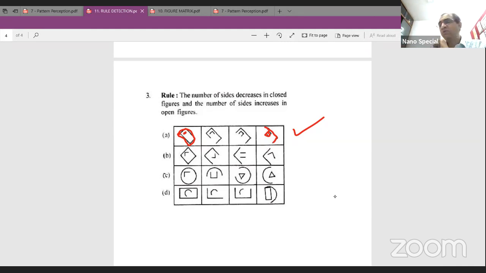Now, let me also tell you something about this Bitsat non-verbal reasoning questions. See, as you know, the Bitsat database of questions is not available outside, unlike your JEE Main or JEE Advanced, where the question papers are displayed in the public domain. Bitsat question papers are not available outside.